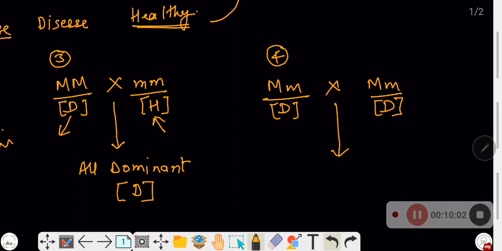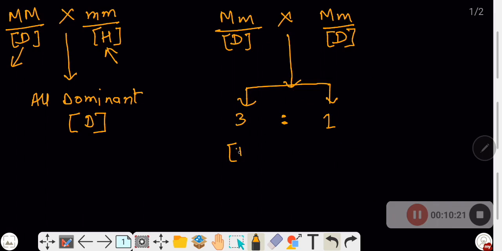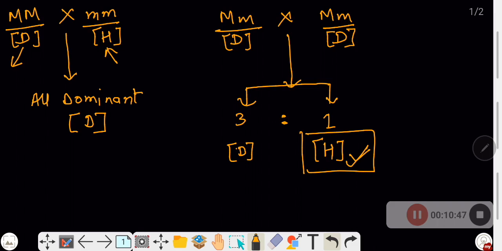Now both the parents are diseased, and we know that such a cross produces two phenotypes in a ratio of 3:1. So they will be diseased and they will be healthy. So a healthy progeny is possible in this case only when both the parents are heterozygous and diseased. Okay, now we look at the fifth one.